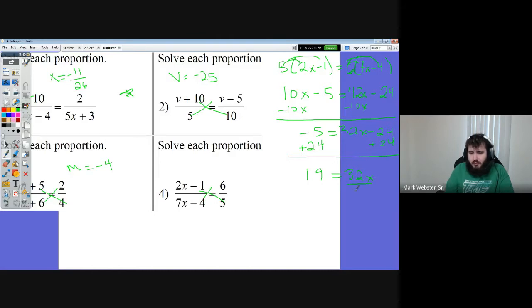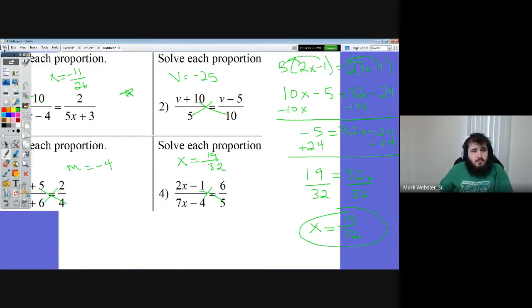And then we can divide both sides by 32. And that's what we get. Now, 19 and 32 are relatively prime. They don't have any common factors, so we don't have to worry about simplifying it. There's nothing to simplify anyway.